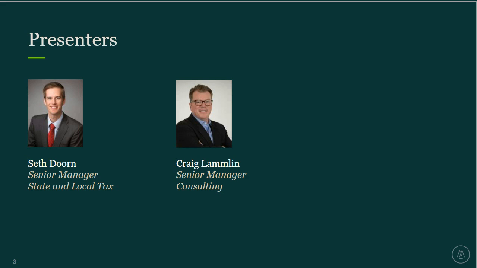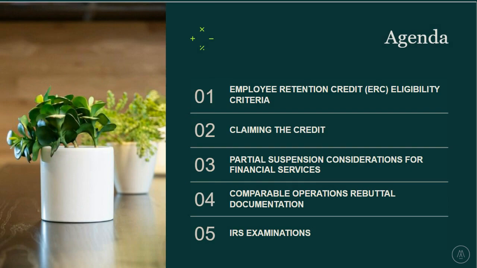Okay, thanks. And that brings us to our agenda for the rest of the webinar. First, I will spend some time just talking about the retention credit in general, the eligibility criteria, and how to calculate it, how to claim the credit, and then I will turn it over to Craig for the tough stuff, to talk about what a partial suspension of operations means for financial service companies, the documentation that we would recommend for potential rebuttals against challenges, and then what we're starting to see on IRS examinations.